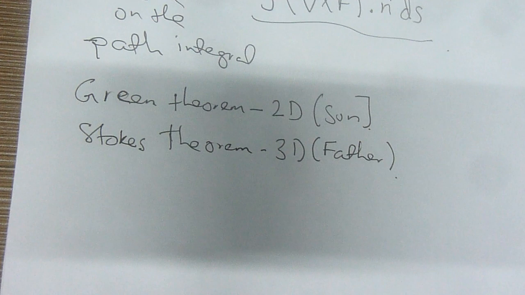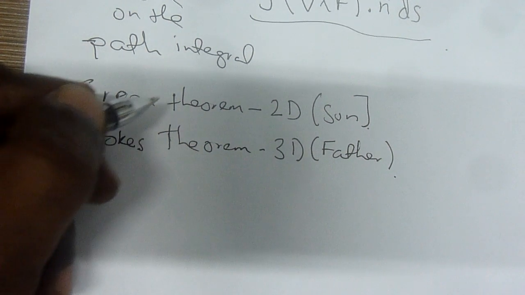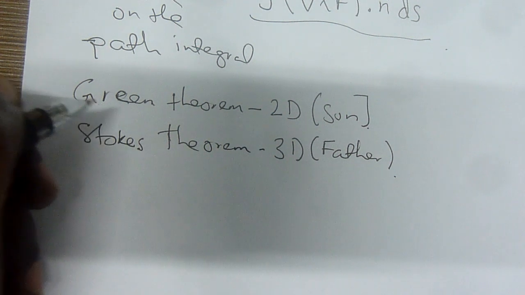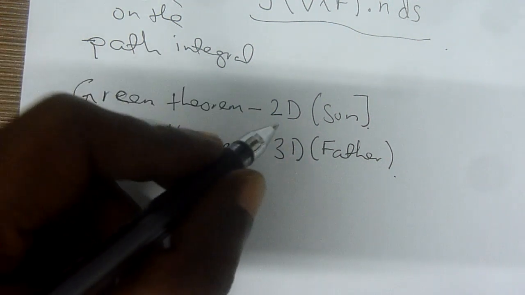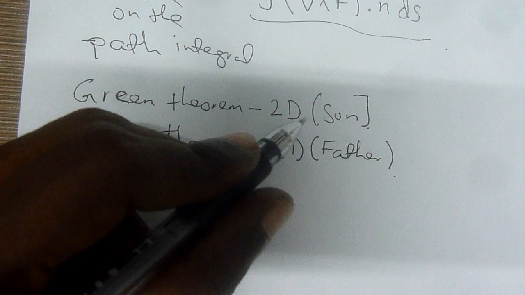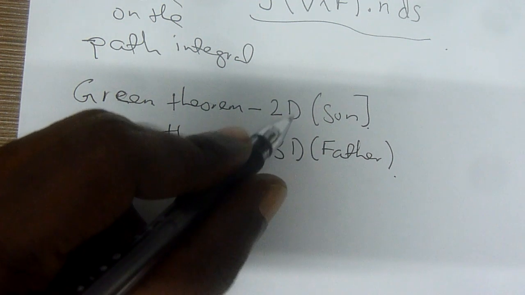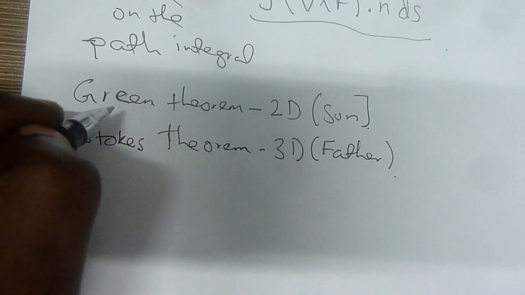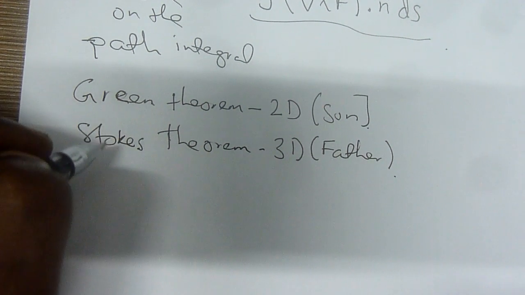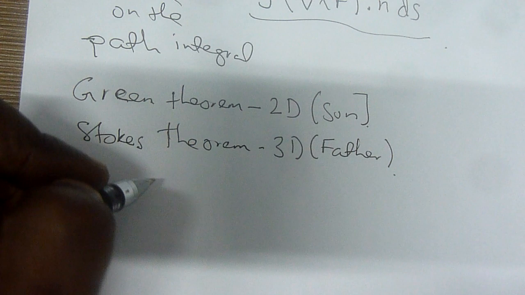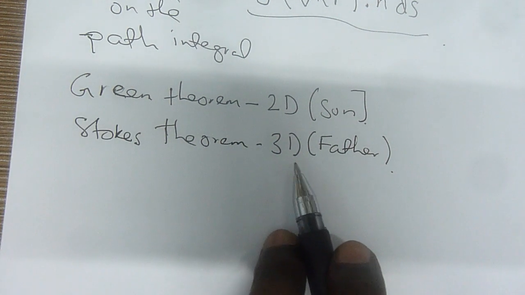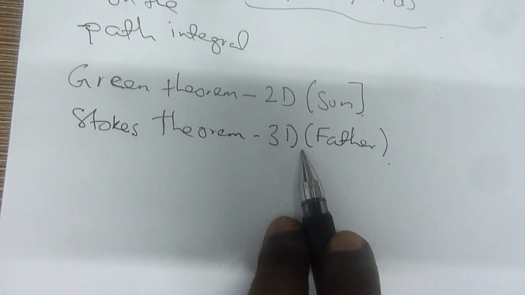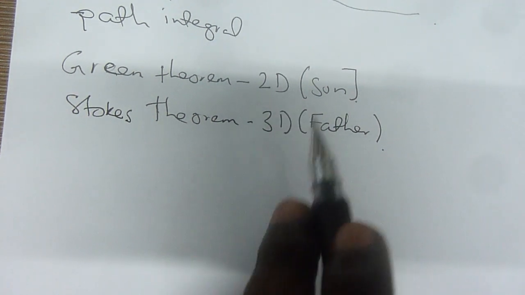We are not trying to create a relationship here, but there is a very close relationship between the Green theorem and the Stokes theorem. The Green theorem enables us to use the Stokes definition for a 2D environment, and Stokes theorem is one stage advanced, able to support the 3D environment.